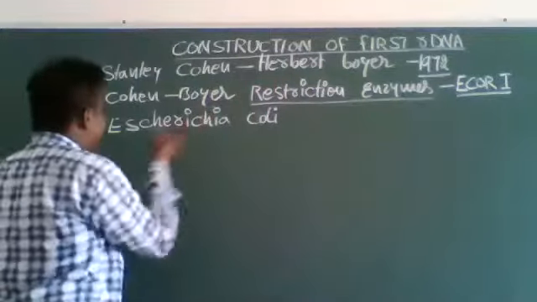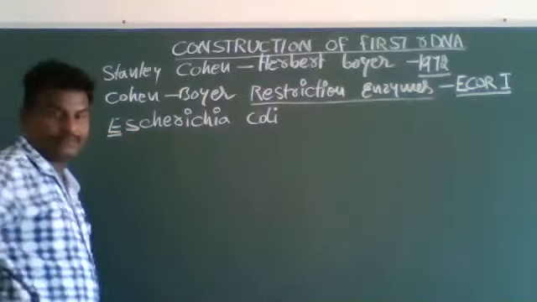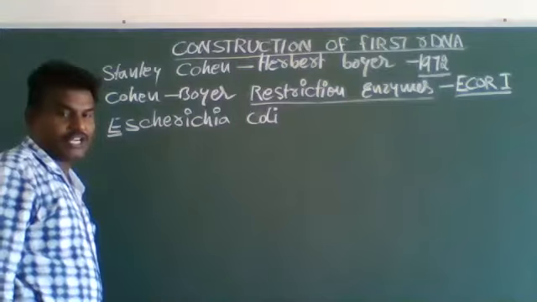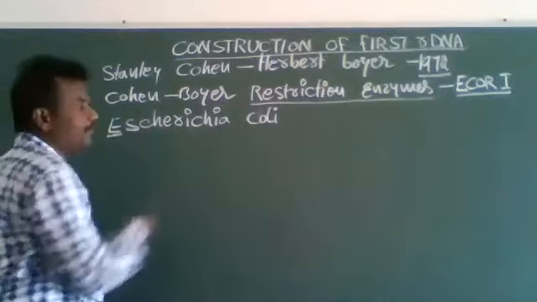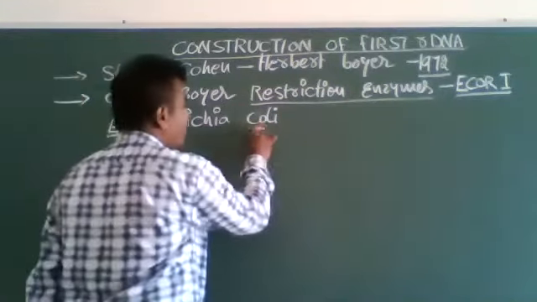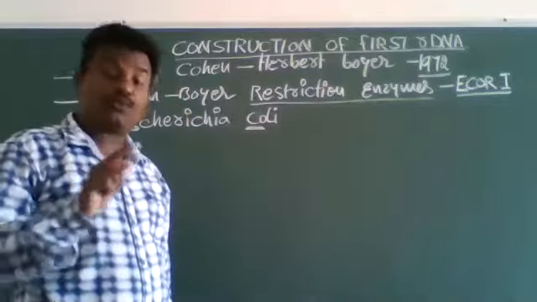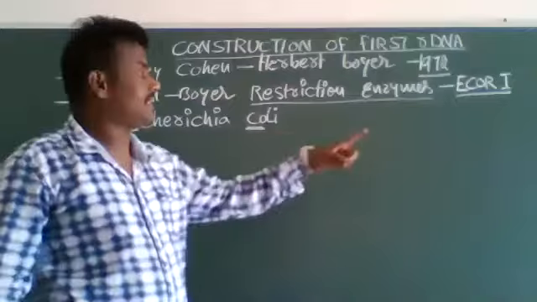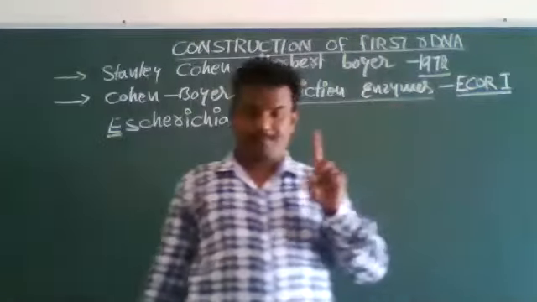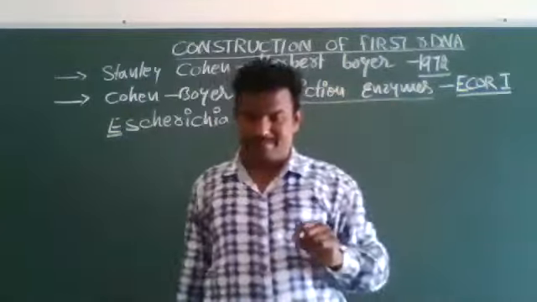EcoR1: E stands for Escherichia, the first letter of Escherichia. Co is from coli. R is for the rough strain, as rough or smooth strains are there. Roman numeral 1.